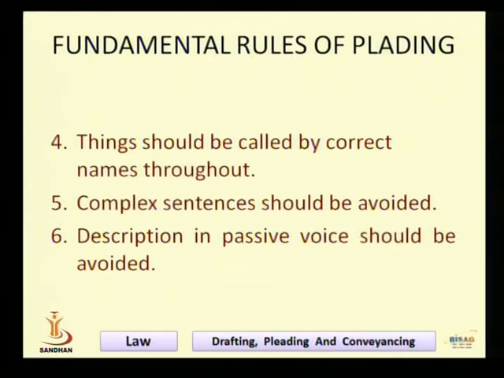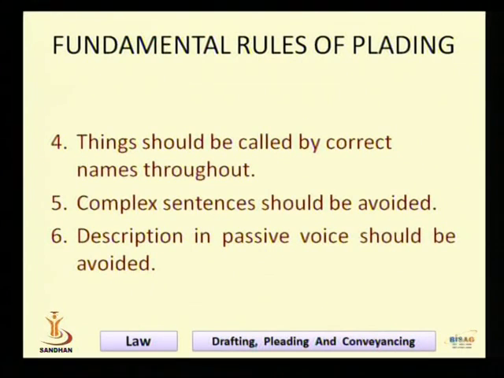Once you write Life Insurance Corporation and put LIC in brackets, from now onwards if it is written as LIC, then throughout the pleading you should use LIC. Once you write LIC, then you should not write Life Insurance Corporation again. This is not the proper method of pleading. So things should be called by correct names throughout. Complex sentences should be avoided.